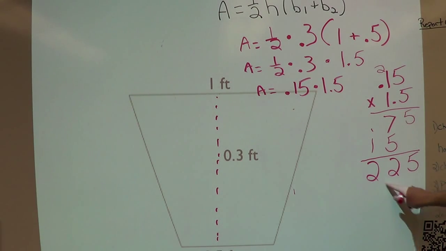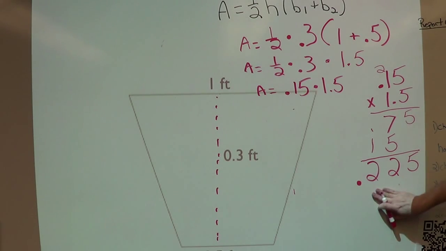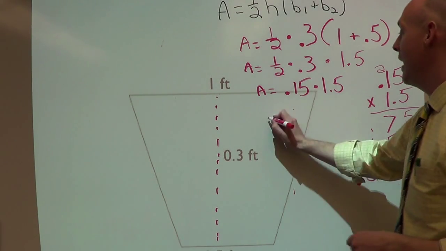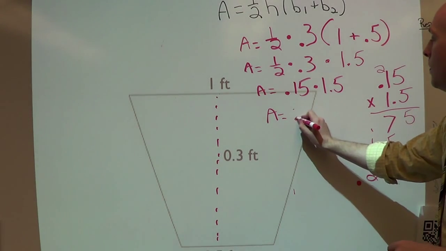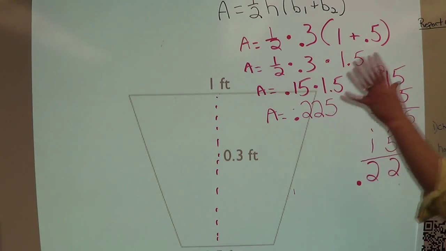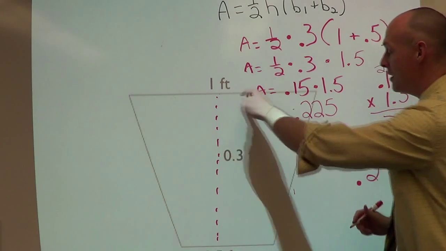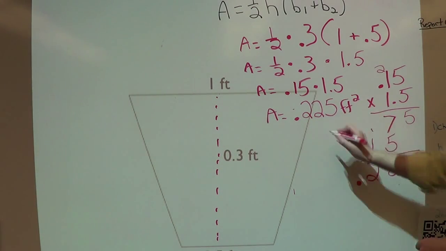Perfect. Now we have my area. And my area equals 0.225. My unit is feet, so it's going to be feet squared.